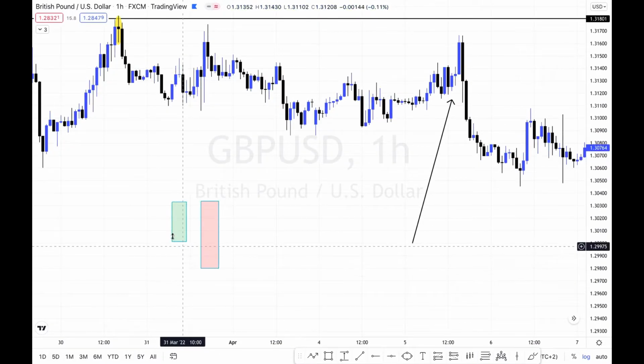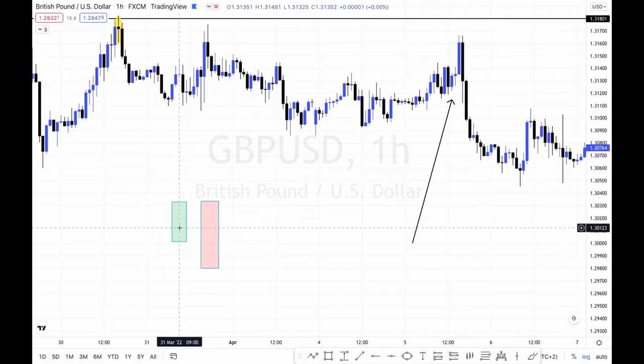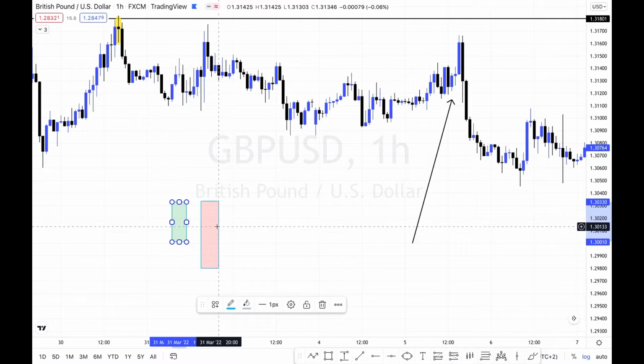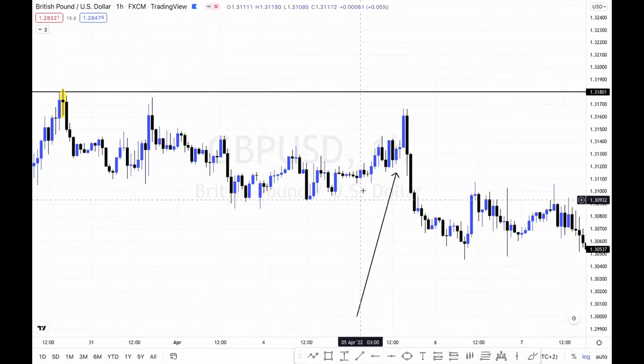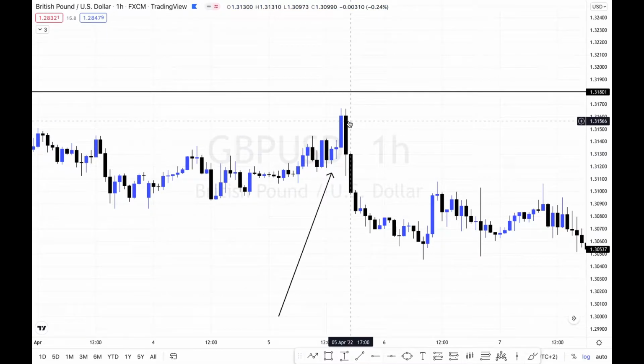Bearish engulfing candles are made by two candles. The first candle is a bullish candle, and then the second candle is a bearish candle that fully engulfs the first candle, the bullish candle. So this was the example. As you can see, the price was moving up, right?